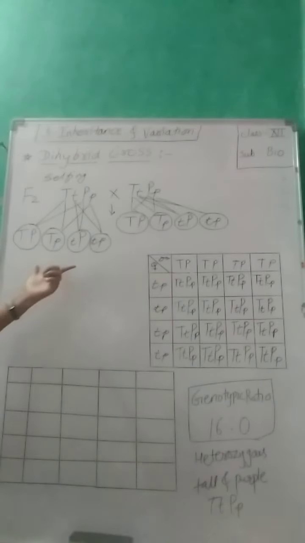Then we have to use these gametes in the checkerboard. We will write these same gametes in the checkerboard. Here we write the male gametes, and here the female gametes.